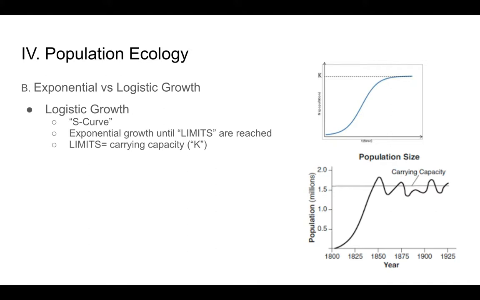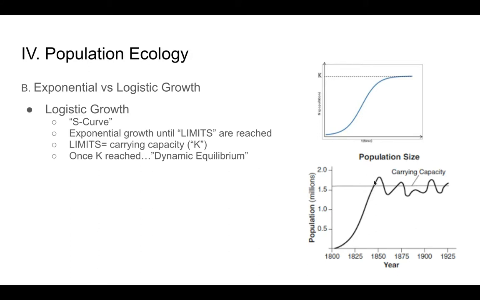And we're going to talk about that a little bit later in our notes. But for right now, let's just know that carrying capacity is essentially limits to growth that exist. And it is denoted with the value of K. In your notes, once K is reached, growth plateaus. In real life, this is actually what it looks like.